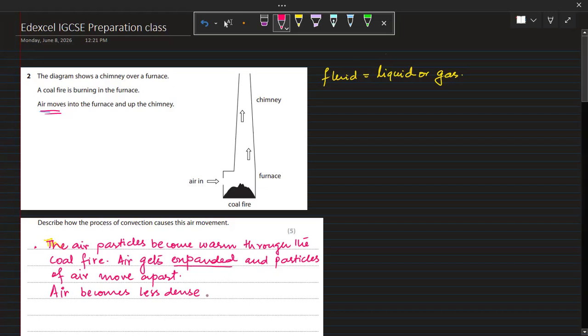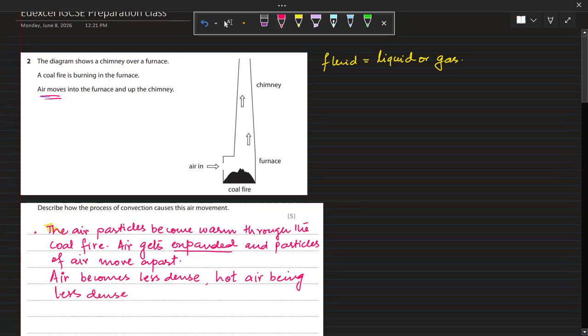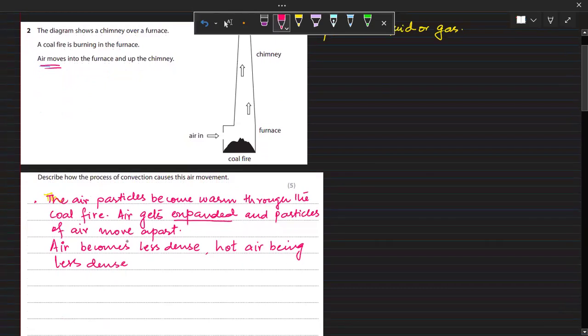So we can say that hot air, being less dense, rises, okay, and air being denser sinks, okay.